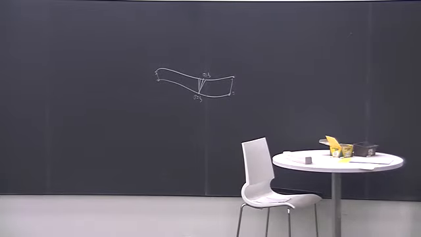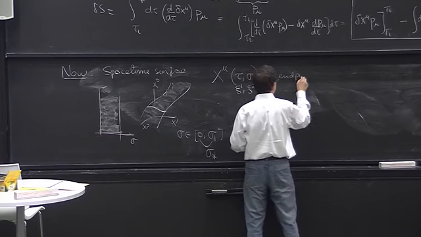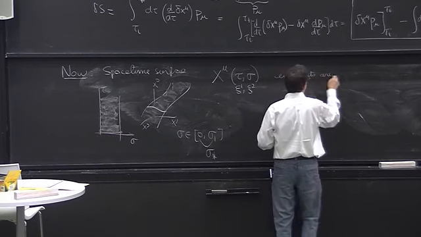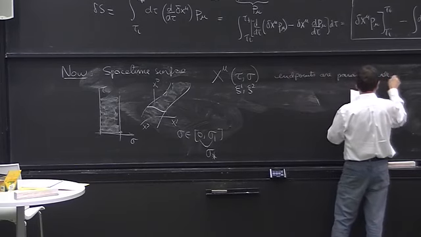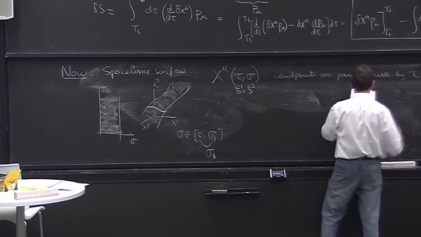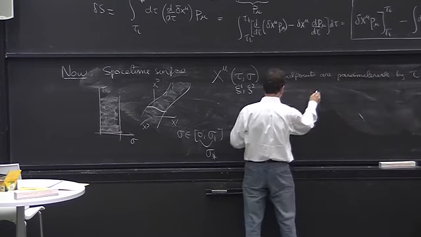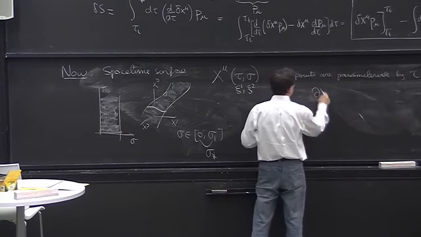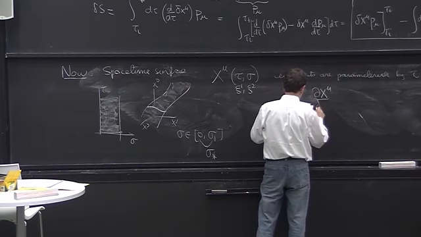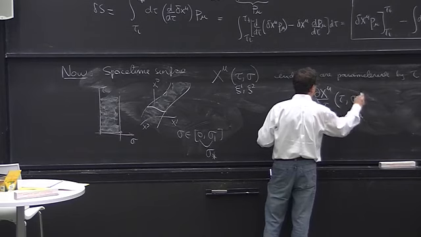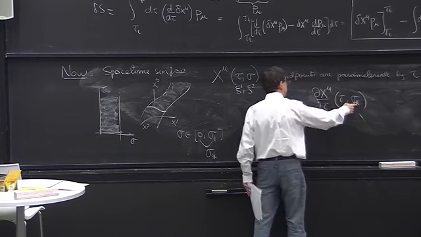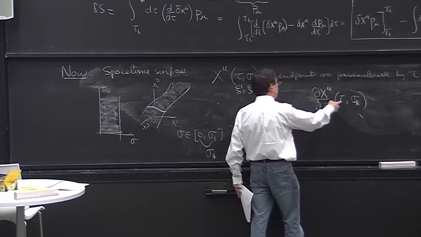So the endpoints are parameterized by tau. So you will have, for example, dX^mu/d tau at tau, sigma star. So you're looking at an endpoint. It's parameterized by tau.